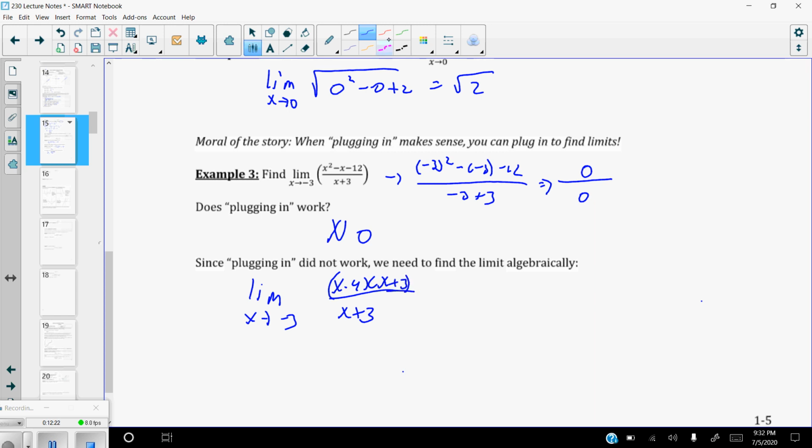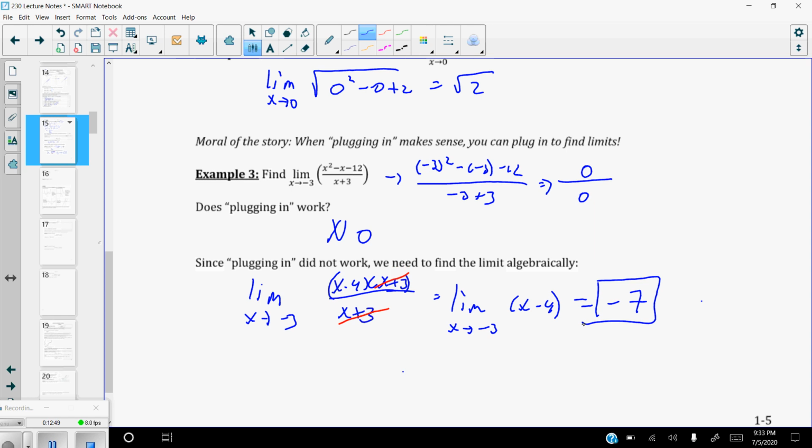Algebraically, if we simplify this, the x plus 3's divide away, and what that leaves us with is the limit as x approaches negative 3 of x minus 4. Now this is going to give us a real number, because if I substitute negative 3 in here, we get negative 3 minus 4, which is negative 7, and that is actually the limit.